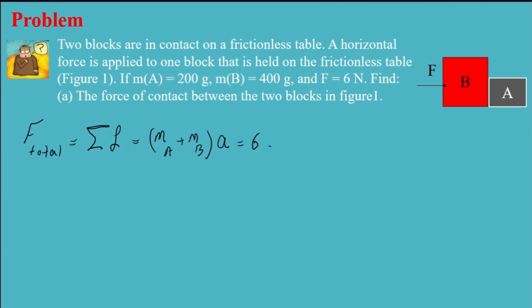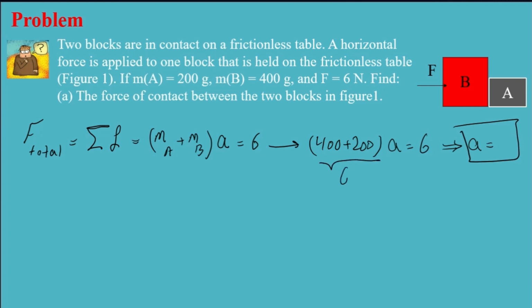So now if I add 400 plus 200 times a, it's going to be 6, and based on this equation, I can find the acceleration right here. So this guy is going to be 600.